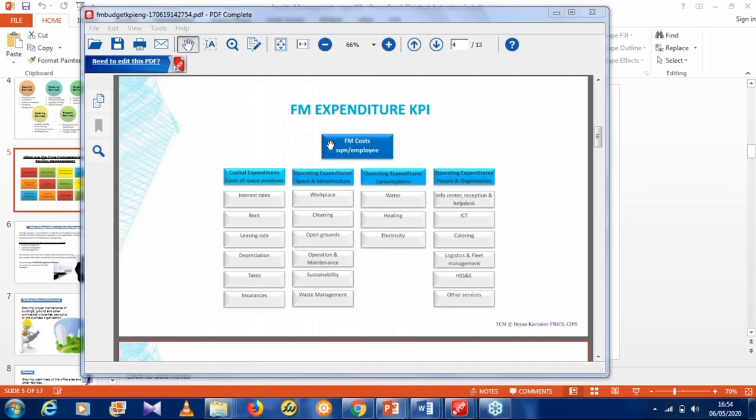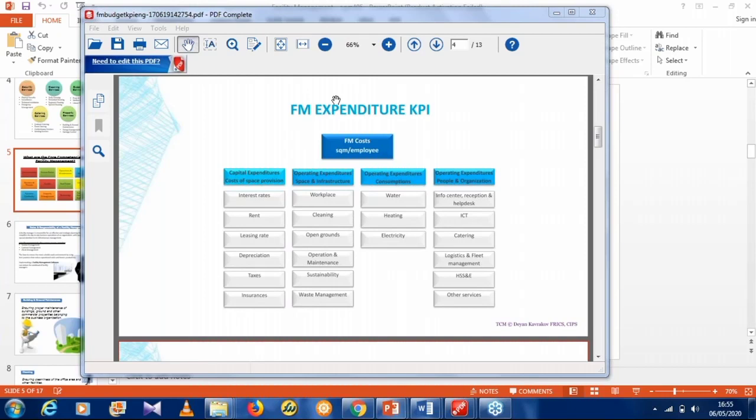There are basically four forms of expenditures that can be connected to and consisted in facility management. For the expenditures that are consisted in facility management, we talk about the capital expenditure or cost of space provision.